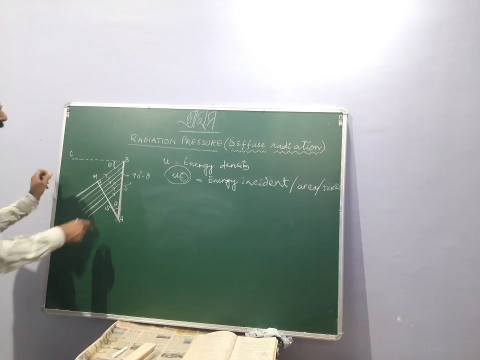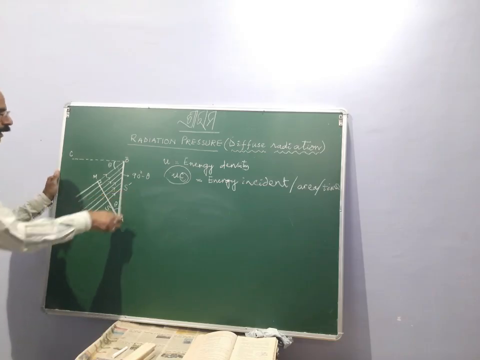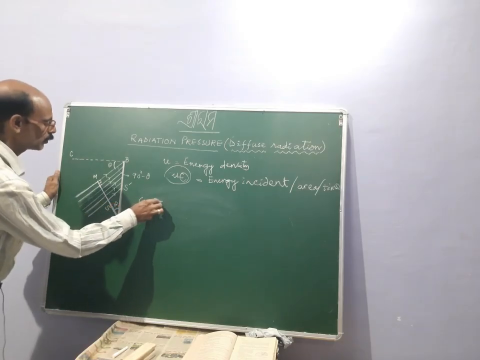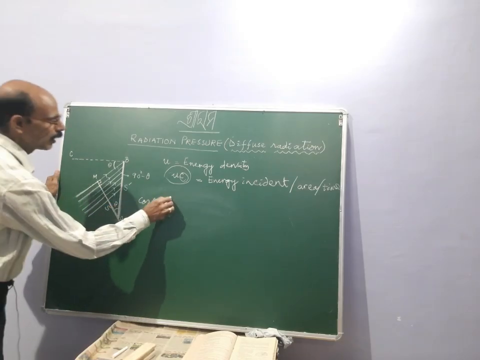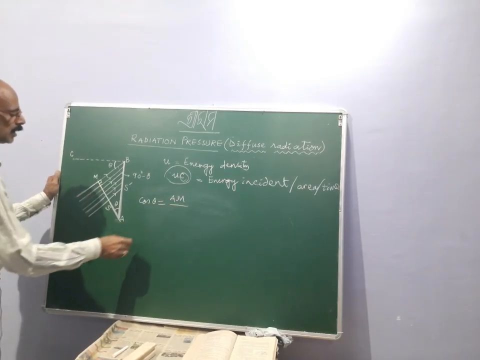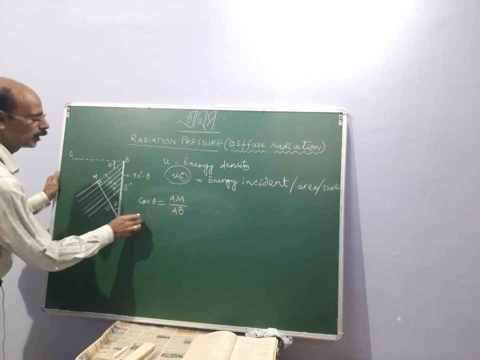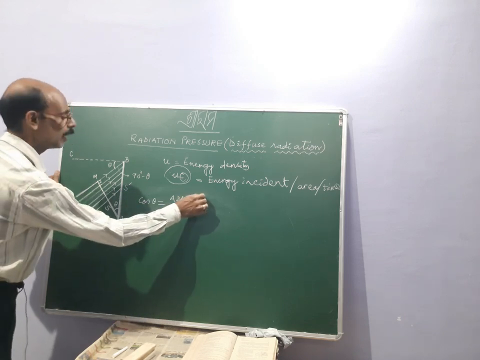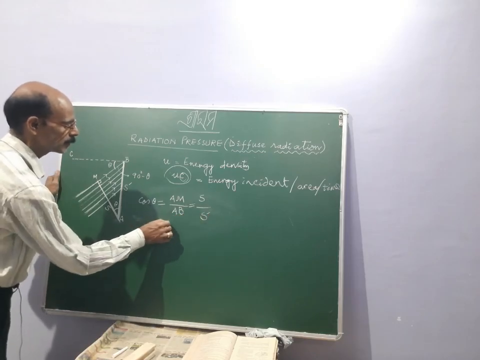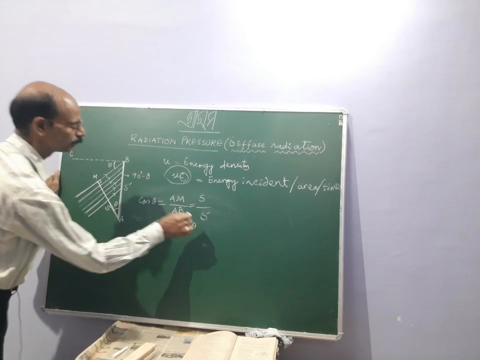Hence we can express S in terms of S dash. We have cos theta is equal to area AM by area AB. So AM is S and AB is S dash. So this implies S is equal to S dash cos theta.